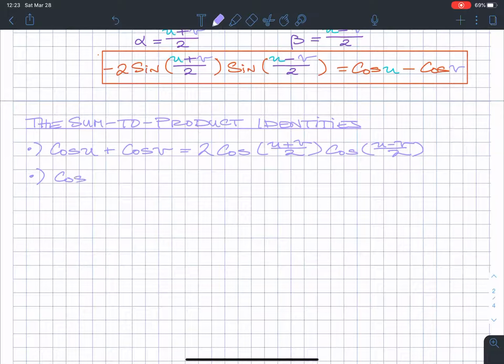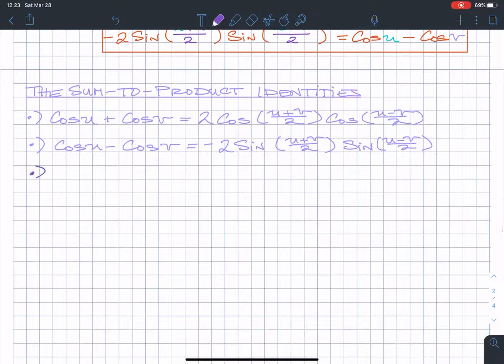Now cosine of u minus cosine of v we found to be negative 2 sine of u plus v all over 2 times sine of u minus v all over 2. And the 2 we did not derive are as follows, namely sine of u plus sine of v. I'm just going to give them to you. You can derive them the same way though.